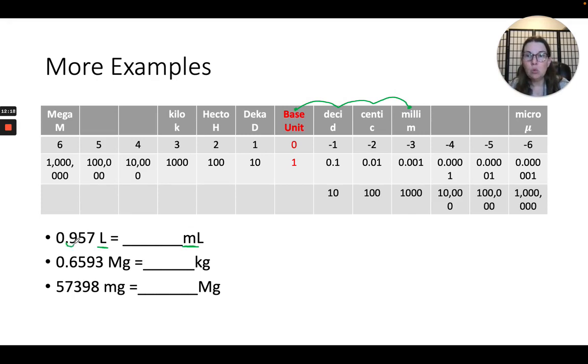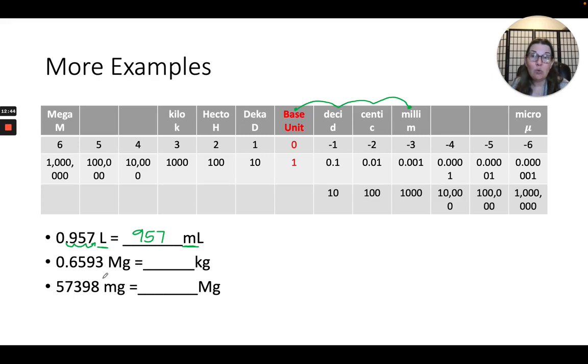I'm going to do 1, 2, 3 to the right. So that means that 0.957 liters equals 957 milliliters. So this can work no matter what the number is on the left, you have to keep all the digits that are there. If you need extra digits, you add zeros, and that's pretty much all there is to it.